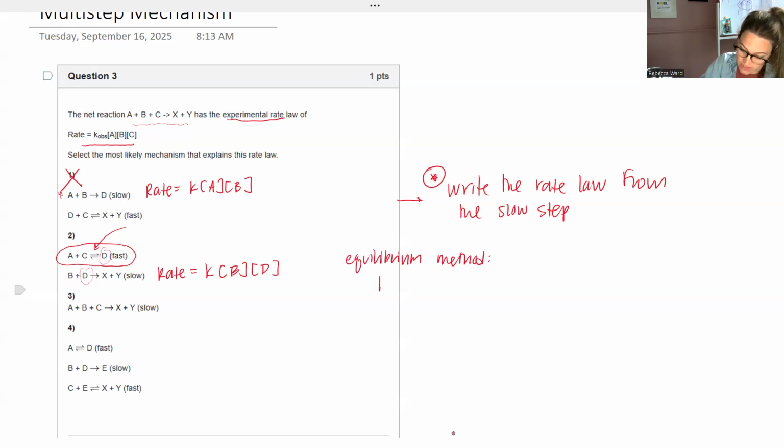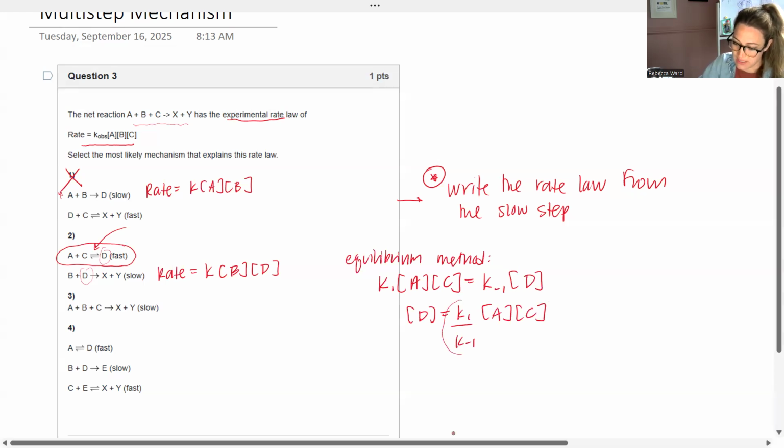K1, the forward rate constant, times A times C equals K minus 1, the rate constant for the reverse, times D. I'd like to define D, so I'm going to solve for D by dividing both sides by K minus 1. The concentration of D is equal to K1 over K minus 1 times A times C.